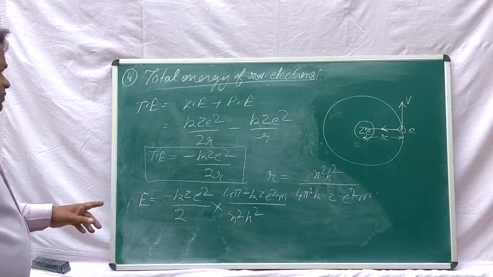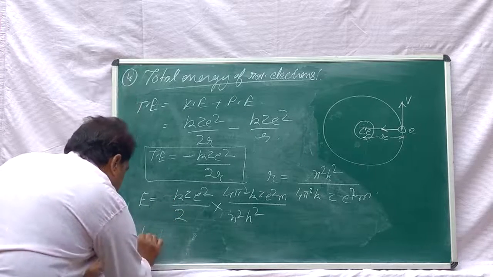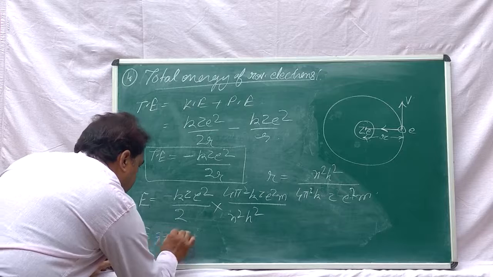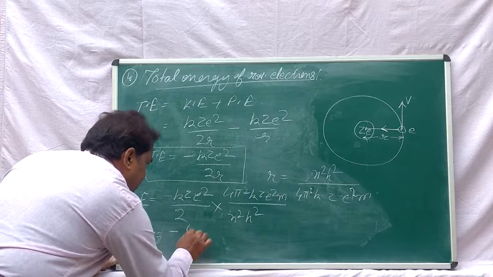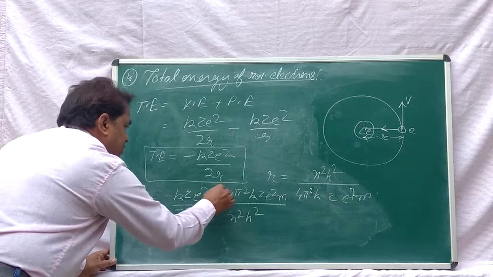Then the final formula will be E is equal to minus. The 4 pi will be cancelled, it will become 2.